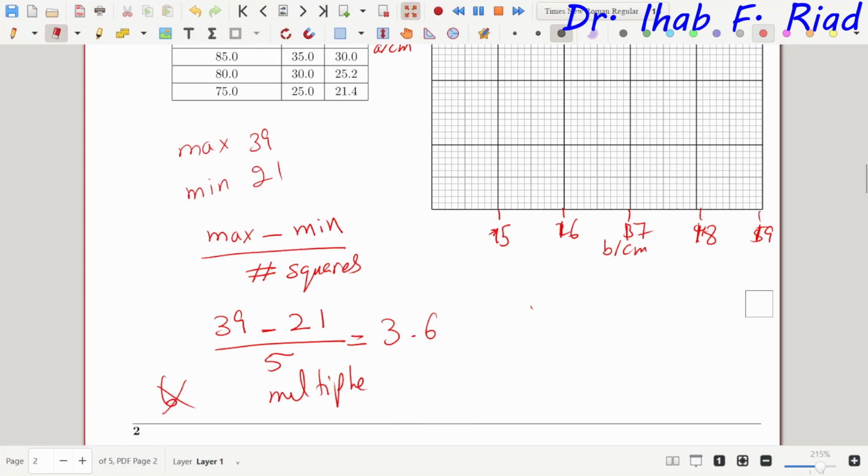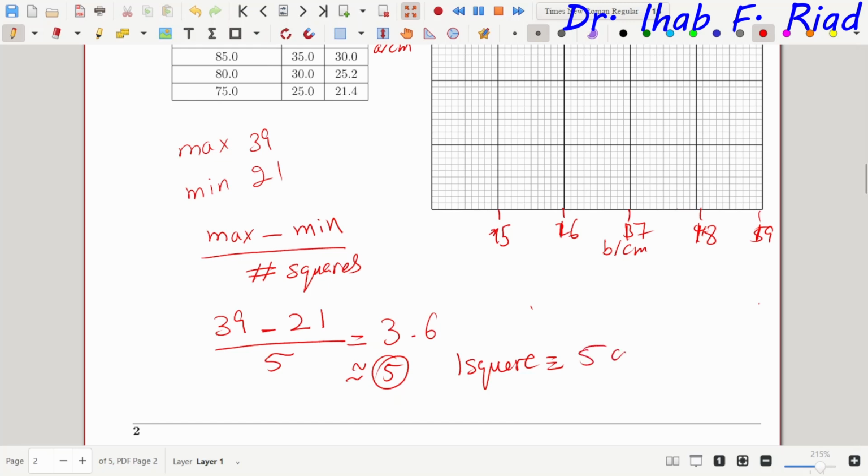So what did I get over here? 3.6. 3.6 is not going to be a good scale for me. What is the next possible good scale? It is not going to be 4. 4 is not considered to be a good choice for a scale. What is the next best one? It is 5. So I'm going to say 1 square is equivalent to 5 centimeters on the x-axis.